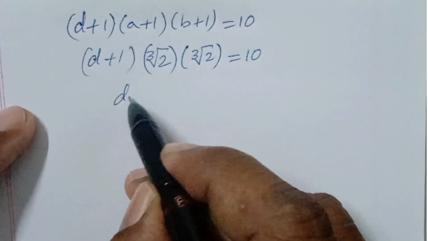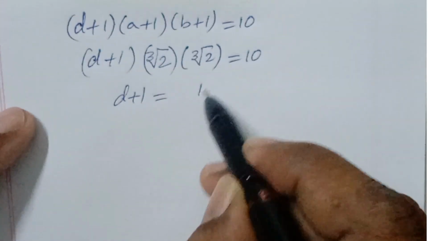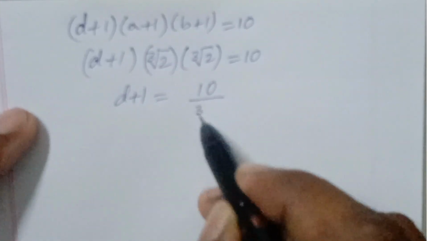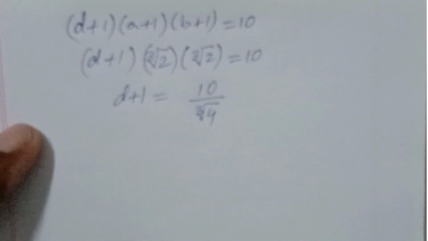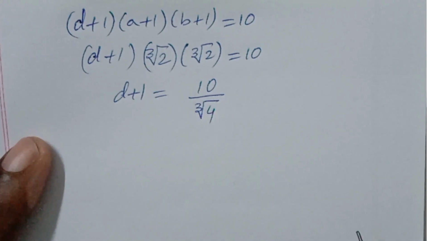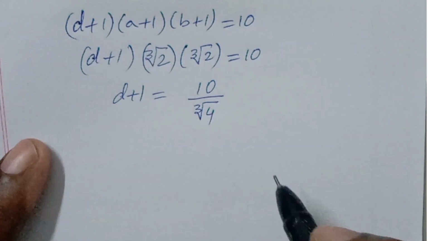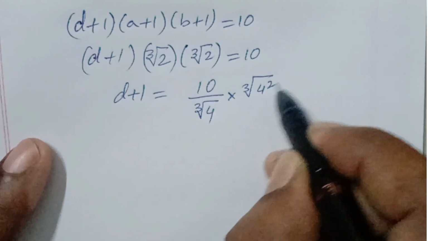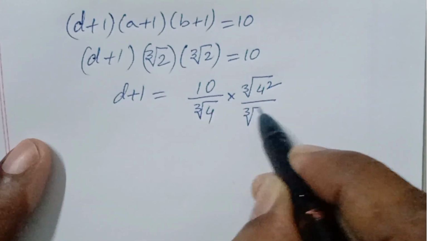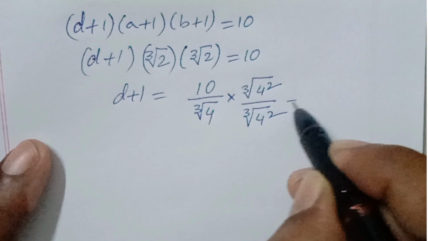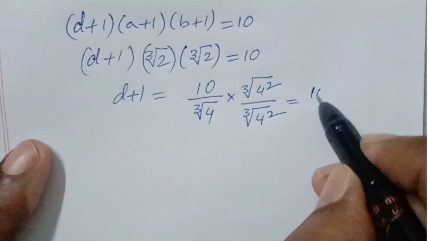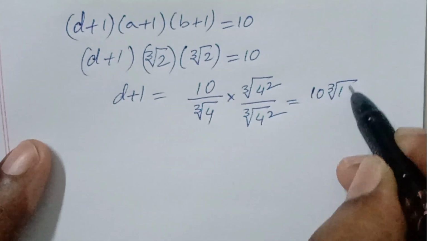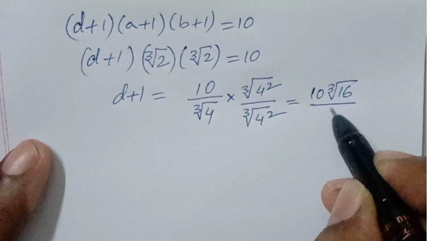So d + 1 is equal to 10 by cube root of 4. If you rationalize this, multiplying by cube root of 4 squared, this is 10 times cube root of 16 by 4.